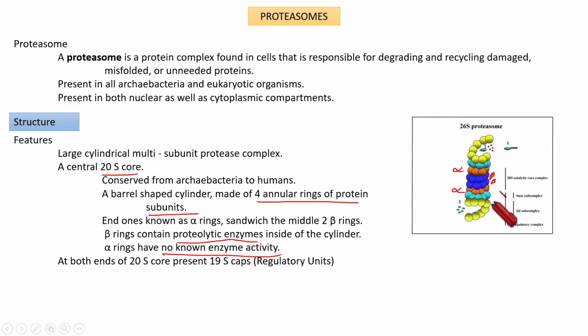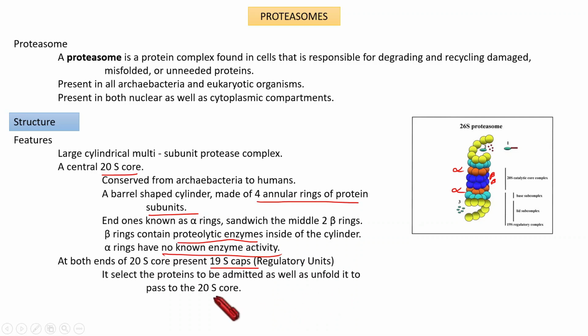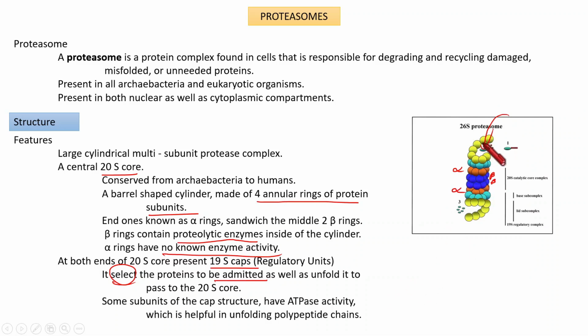Then at both ends we can see some cap-like structures. We can call them 19S caps. They are the regulatory units. Regulatory units, what is their function? It selects the protein to be admitted inside this proteasome. Also, some proteins of this cap have ATPase activity.